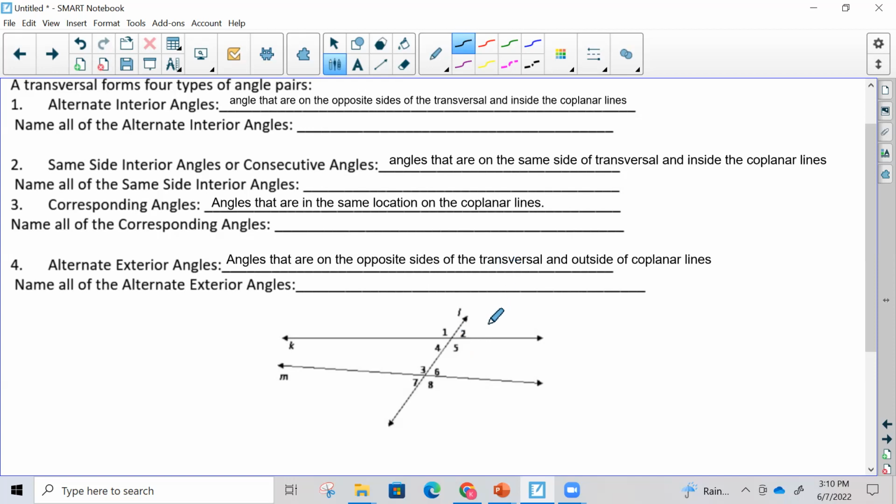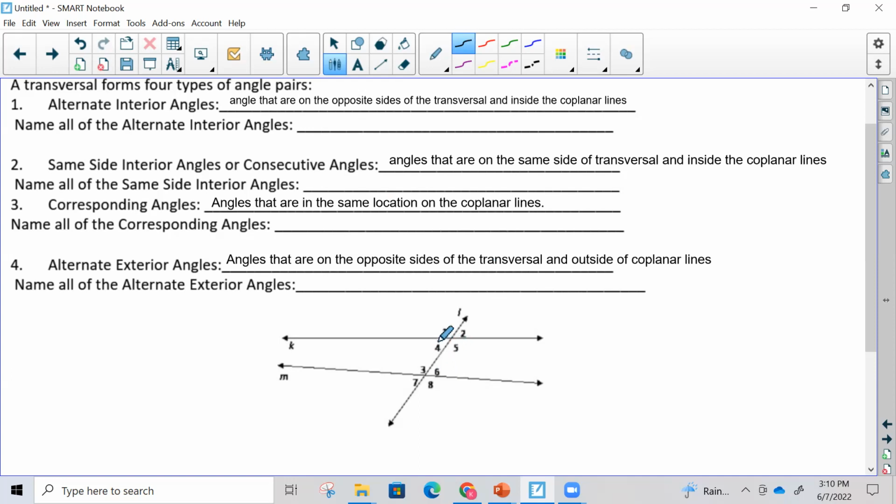Then we talk about whether they're on the same side or alternate sides. Alternate sides means one is on the left side of the transversal and one is on the right. Same side means they're either both on the left or both on the right. For alternate interior angles, we're looking at interior.